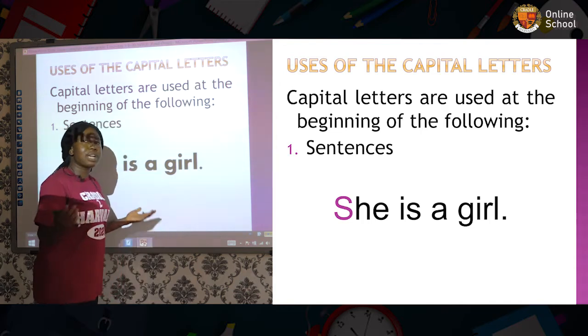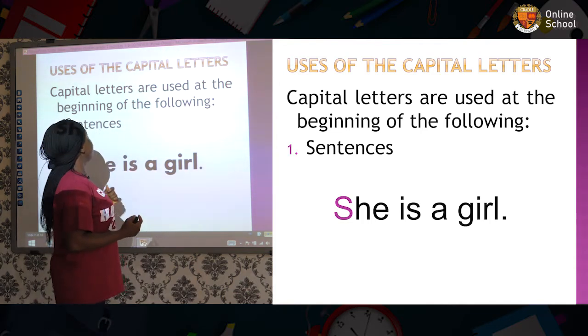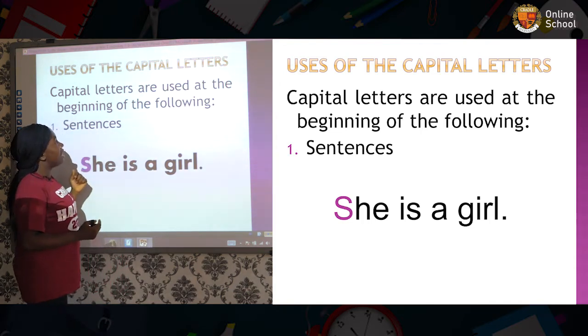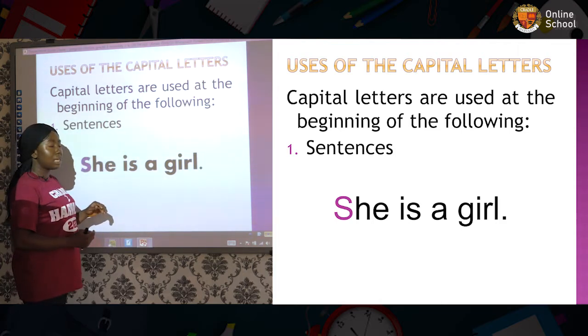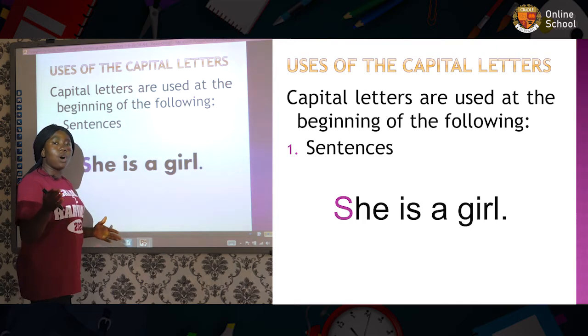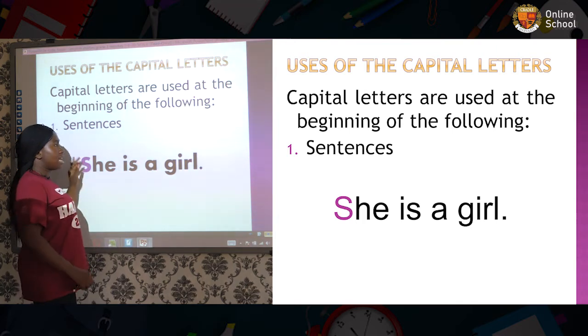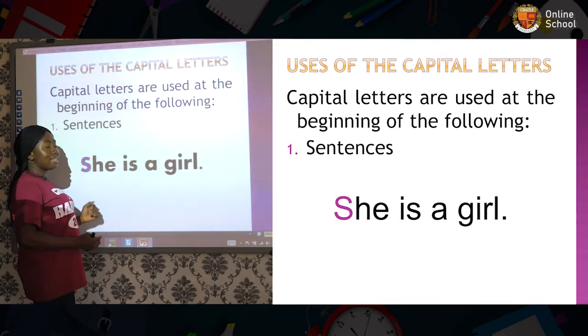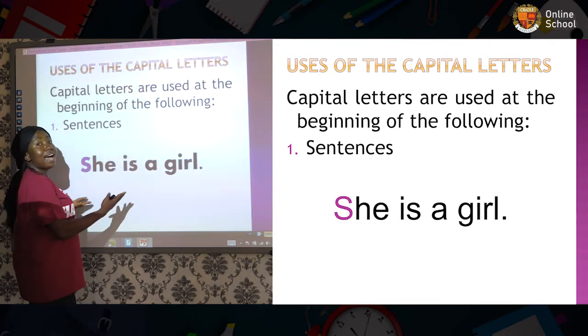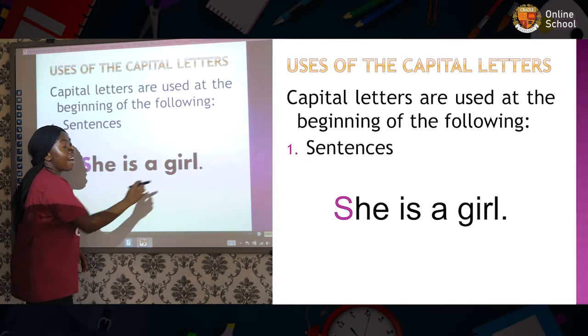Where can we use capital letters? Capital letters are used at the beginning of the following. The first one is a sentence. You use capital letters at the beginning of a sentence. For example, I have here, she is a girl.